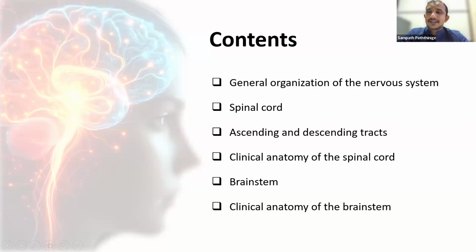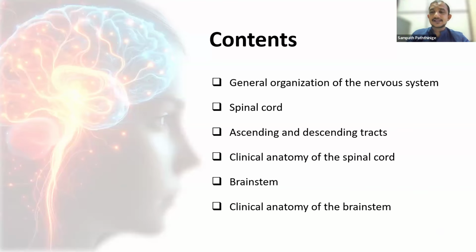So I'll very quickly tell you how to draw this brainstem with the real idea rather than just memorizing a picture, right? So how to draw it with some purpose and with real knowledge. Then the common clinical conditions affecting the brainstem. Hopefully I'll be able to finish this before 1 hour.